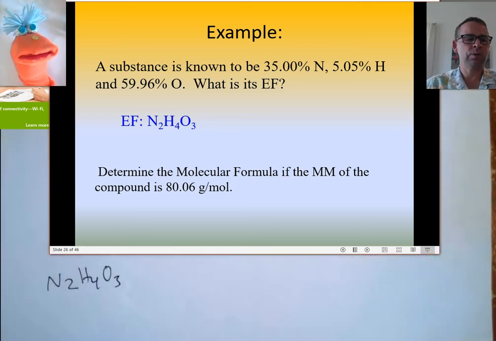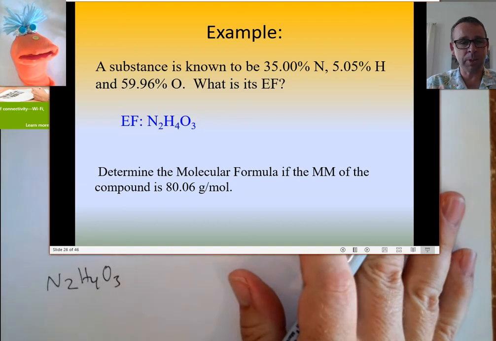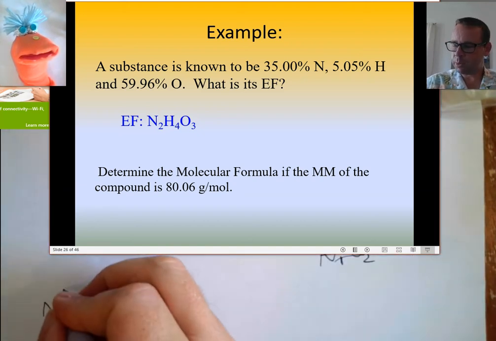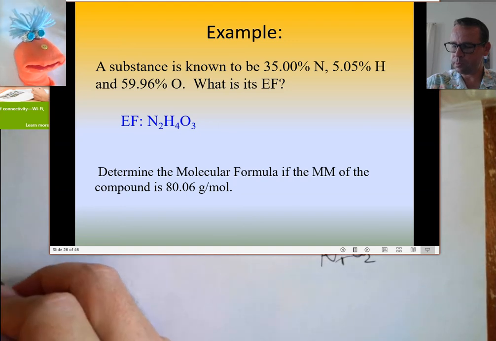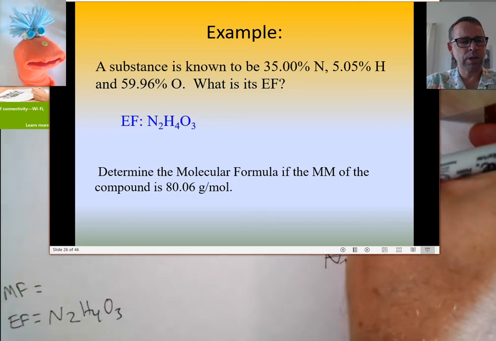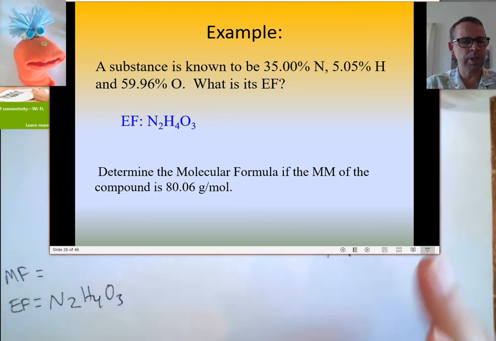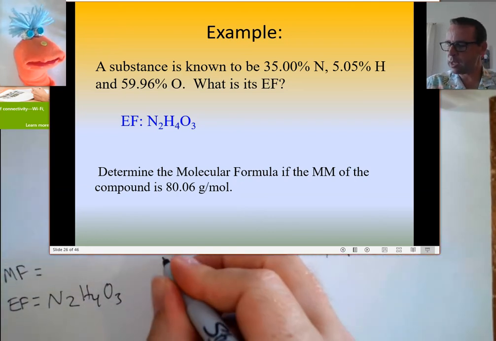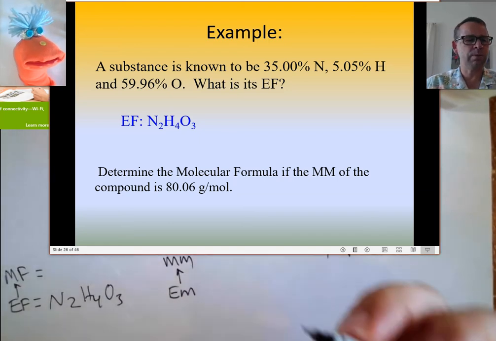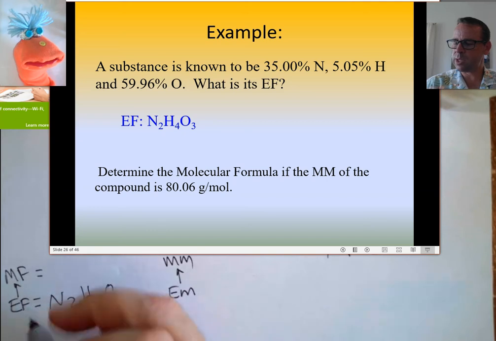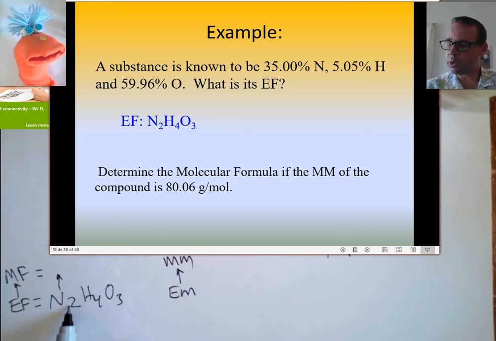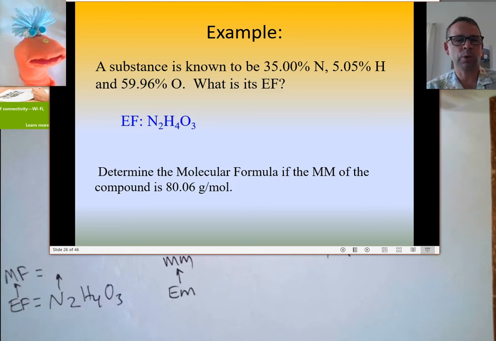And I'm going to need to go to my molecular formula. To do that, I'm going to need to know the relationship between the empirical mass and the molecular mass. Because whatever that ratio is, it's the same as the multiplier we used on these subscripts to get the molecular formula.